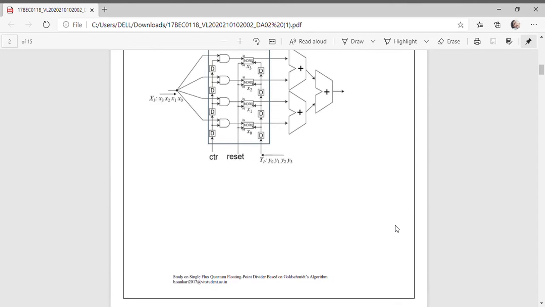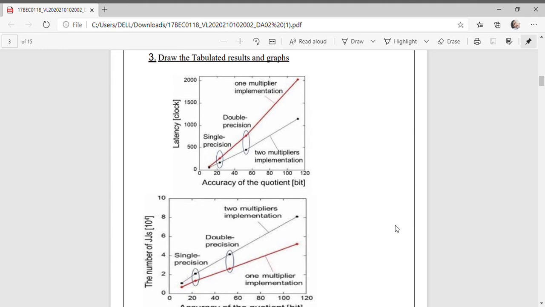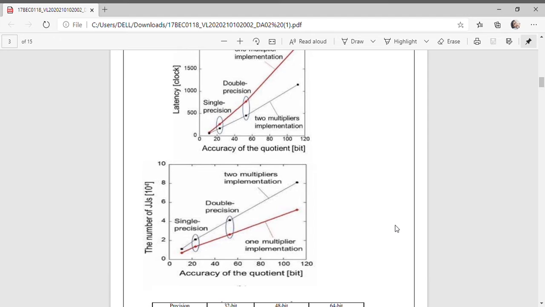Moving to the next question: draw the tabulated results and graph. As I told in the beginning, they estimated a relationship between the accuracy of the quotient, which is basically the output, and the latency and number of Josephson circuits.